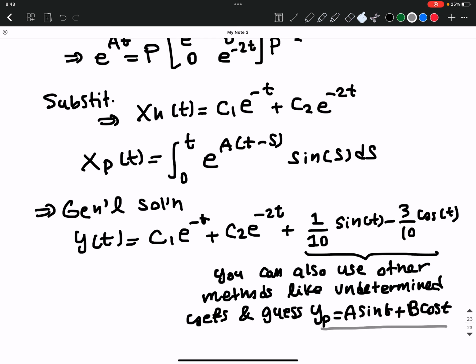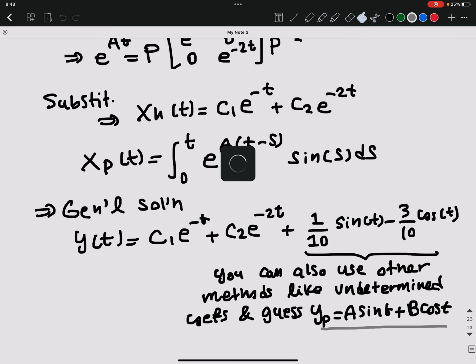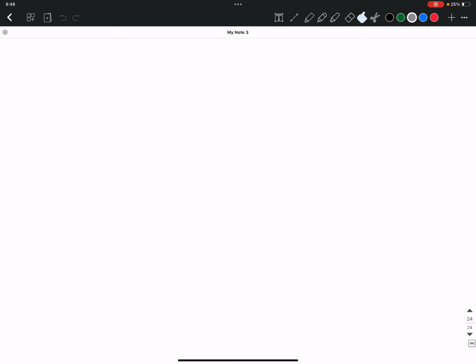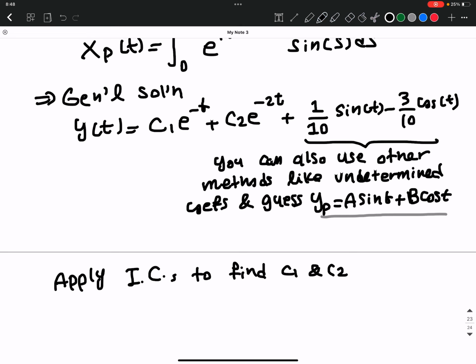Now let's apply the initial conditions to find C1 and C2, and that will complete our journey to find the solution to this second order linear ODE.